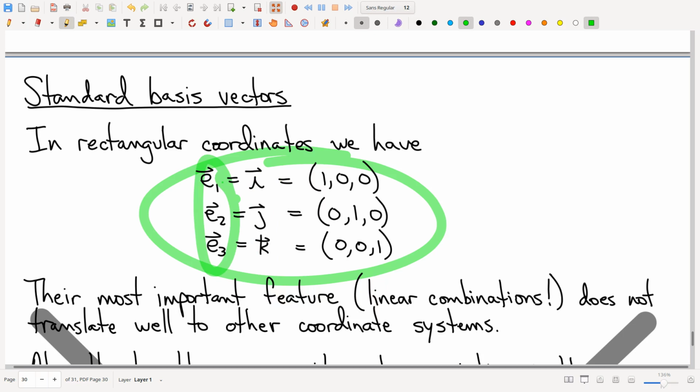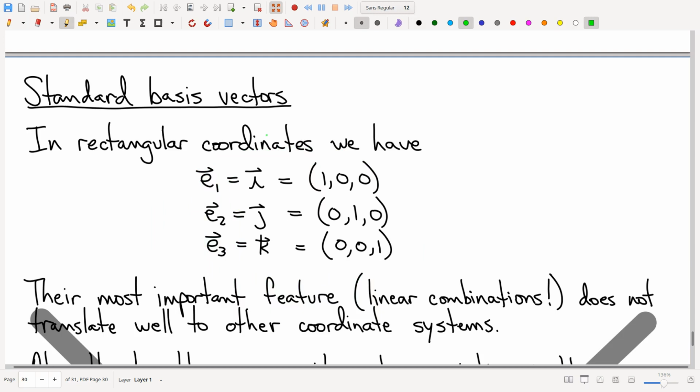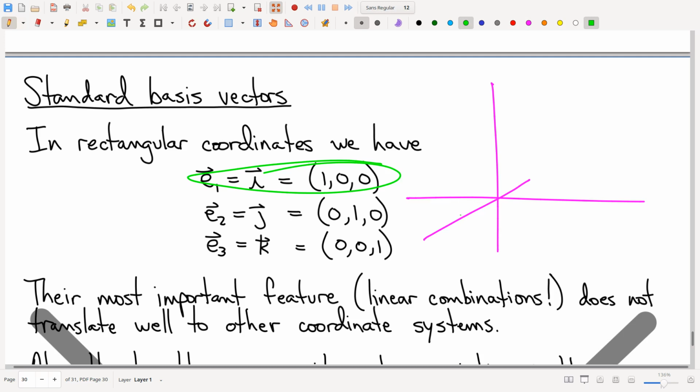When you have higher dimensions, it's just easier to work with. The point to these is that they point in directions where, for example, this vector, if you're there, always points in the direction where one of the coordinates is increasing and the other two coordinates are being held constant.